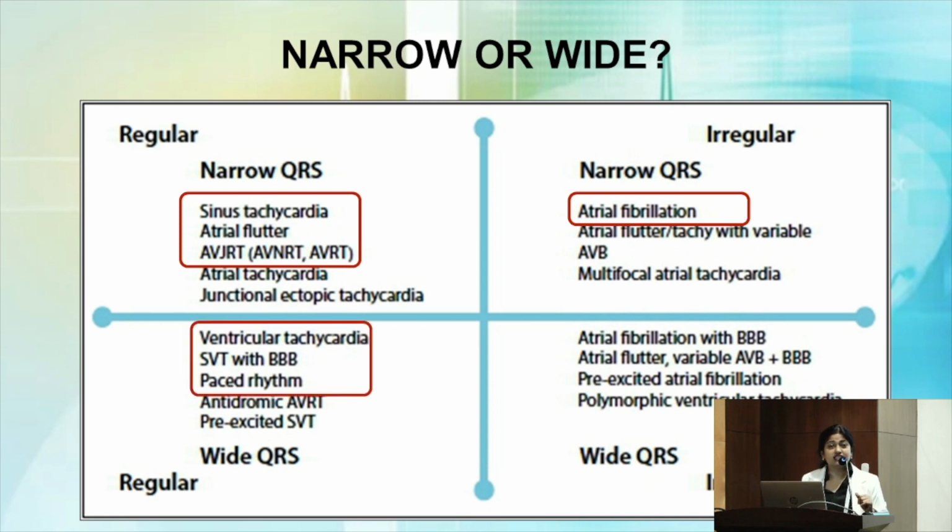Wide complex, regular: ventricular tachycardia, SVT with bundle branch block, paced rhythms, or pre-excited SVT. And wide complex, irregular: polymorphic ventricular tachycardia. Other than this, atrial fibrillation with bundle branch block or pre-excited syndrome with atrial fibrillation.